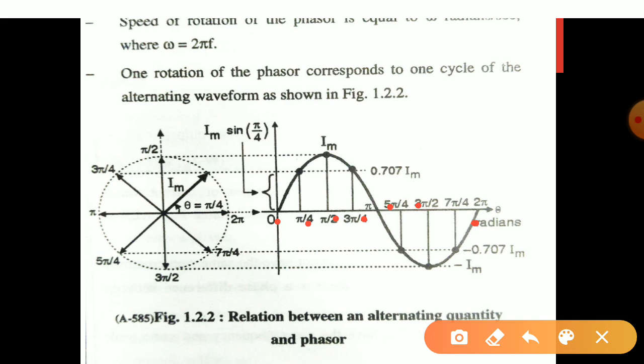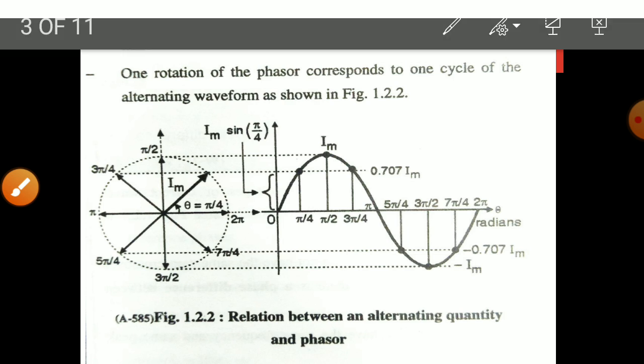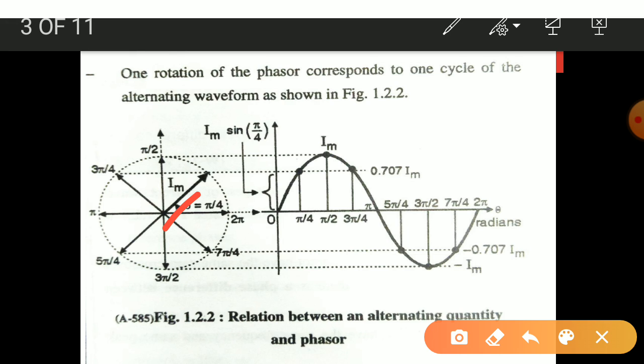We'll start from 0. Let us talk about 0. At 0, this is the phasor. If now the angle is 45 degrees, this is how the phasor will be drawn.